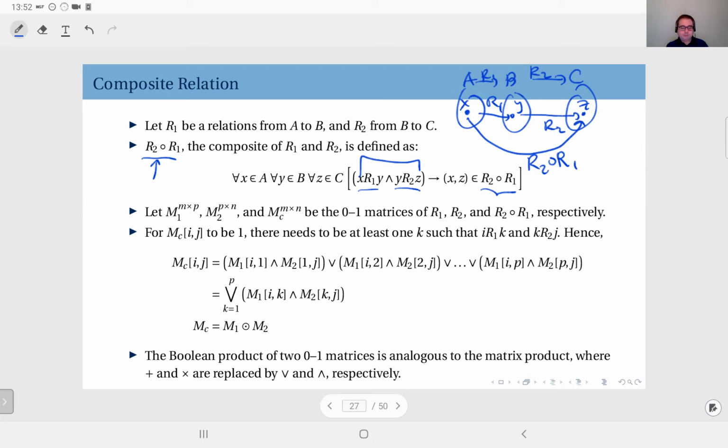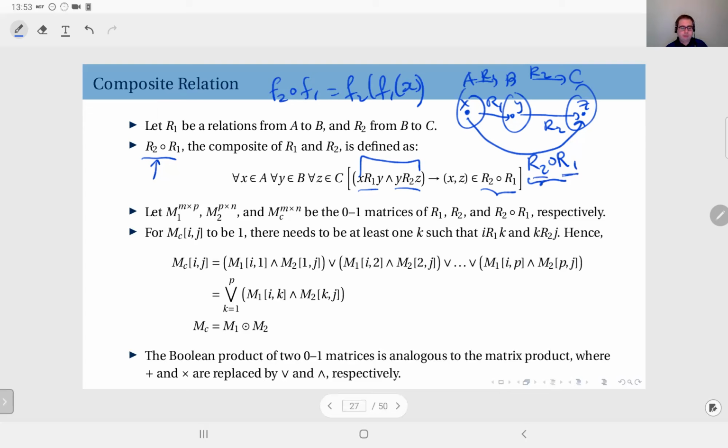When you compose function f1 with f2, you write f2 applied to f1 applied to x. So this is the same idea here. R1 composed with R2, you just put R1 here, R2 here. Be careful about the order.